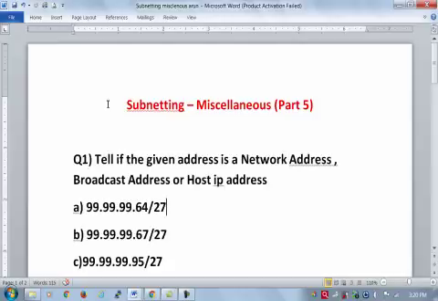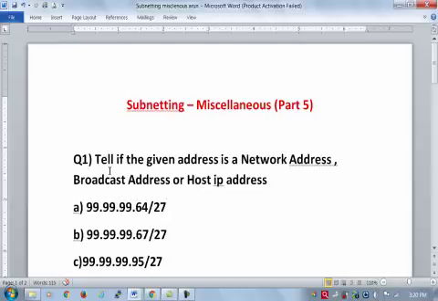So, today I have taken a very simple problem, a miscellaneous problem on subnetting, and I'll just read this problem and then tell you how to solve it. What this problem says is: how will you tell if a given address is a network address, a broadcast address, or a host IP address?